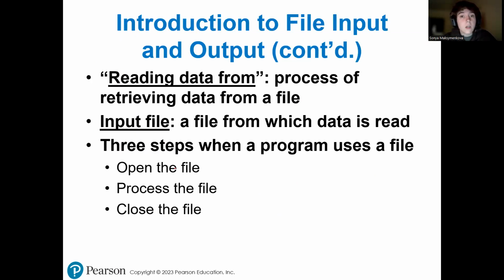However, there are three important steps whenever you're working with files. Those steps are, you have to open the file. After that, you have to do something with the file, do something with that data. That's either writing some data to a file or taking some data from a file. And the last step, the most important one, you have to close the file. If you do not close the file, there are going to be a lot of problems.